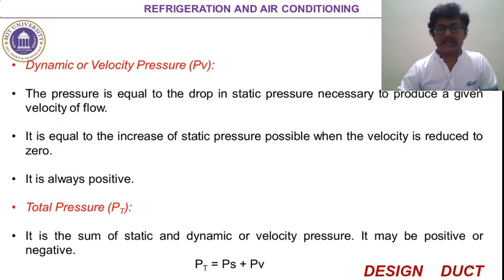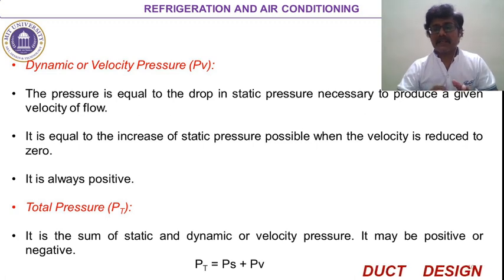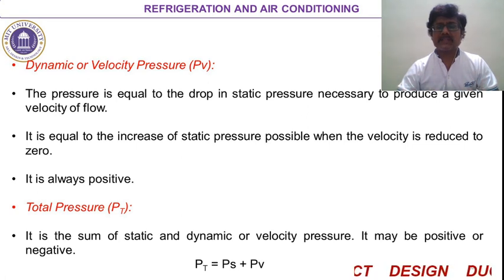The dynamic pressure, also known as the velocity pressure, P subscript V. Now this pressure is equal to the drop in the static pressure necessary to produce the given velocity of the flow. It is essential that the air should flow from one section of the duct to another section of the duct, so there must be a drop in the static pressure.